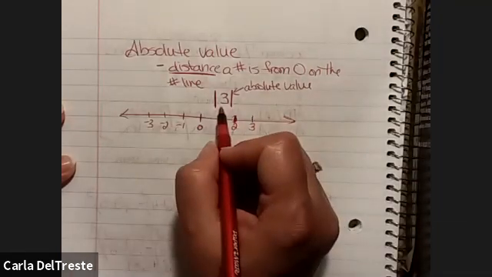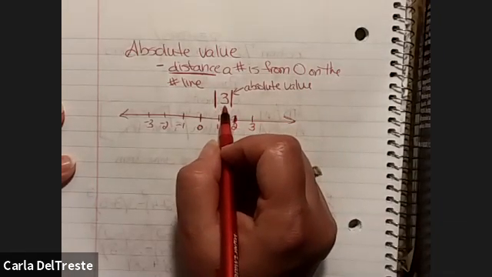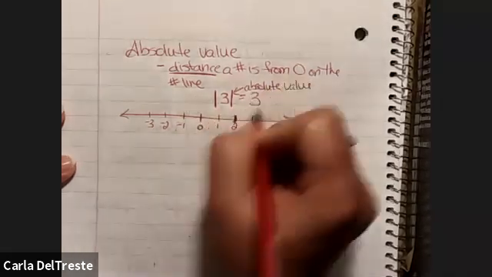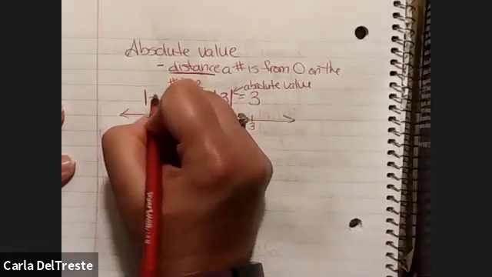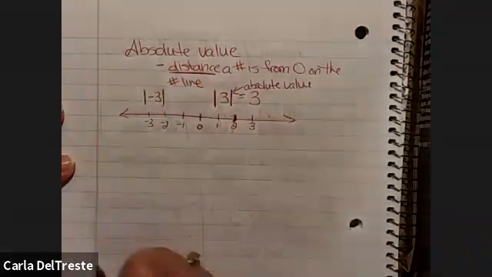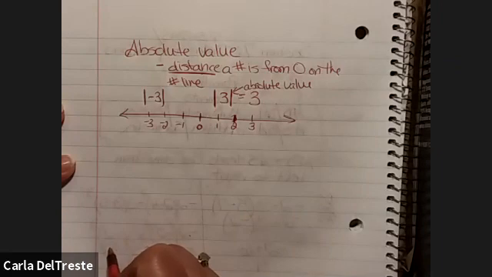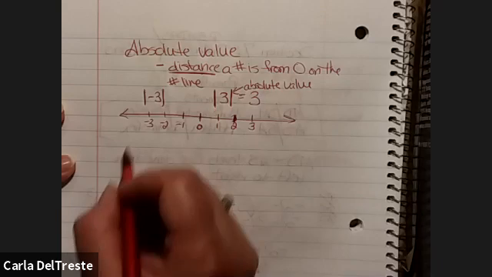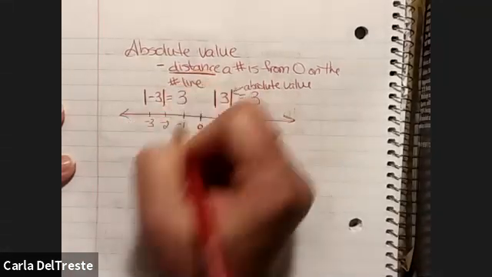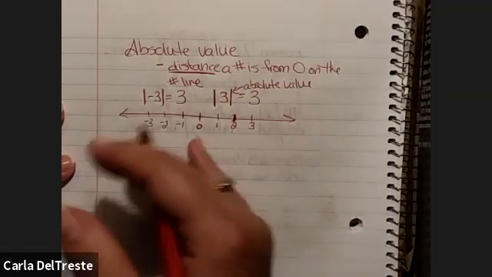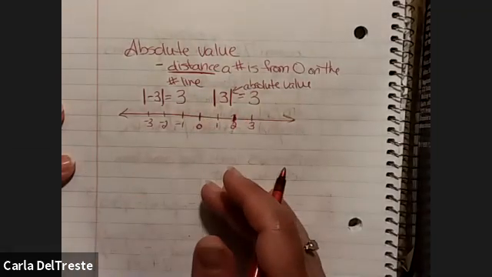This is basically asking how many spaces do I have to walk from 0 to get to 3? All right, that's 3 spaces. If I asked the absolute value of -3, it really is asking the same kind of question. How many spaces do I have to walk from 0 to get to -3? I still have to walk 3 spaces. And so the outcome is always positive.